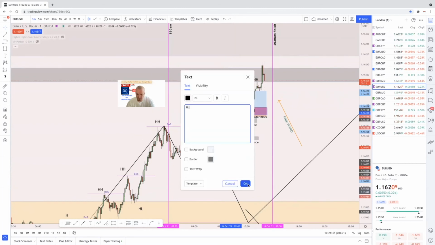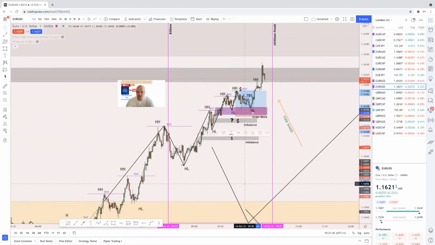Higher low. I thought I'd done something wrong there.